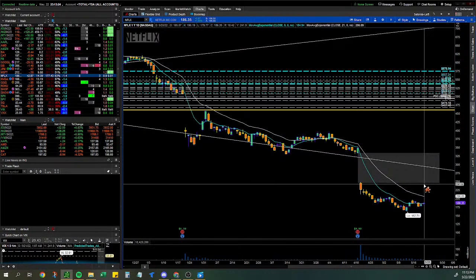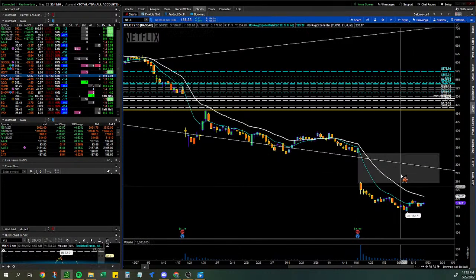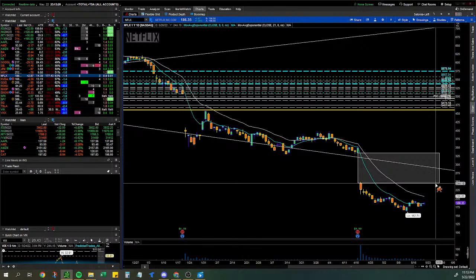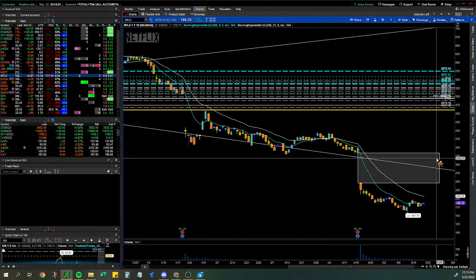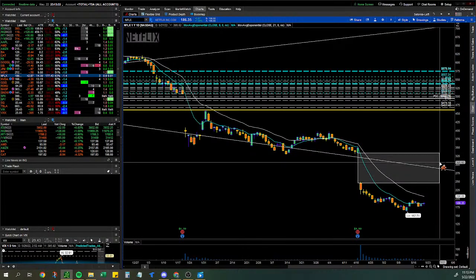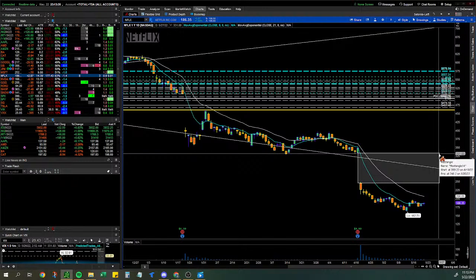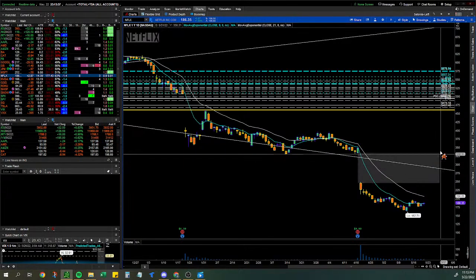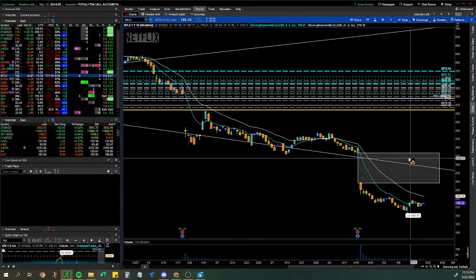We could get back to this gap fill pretty quick. That's a lot of ground to cover. That would be a few day journey for Netflix.